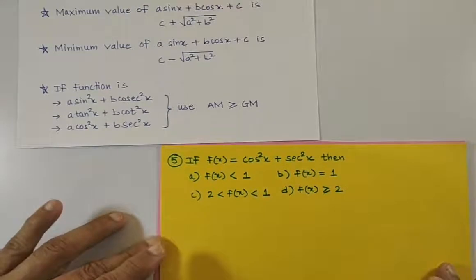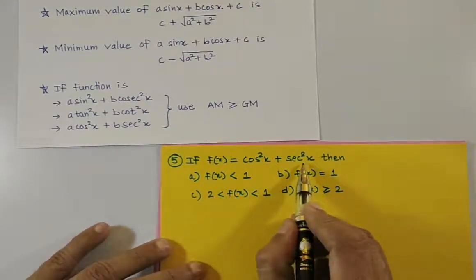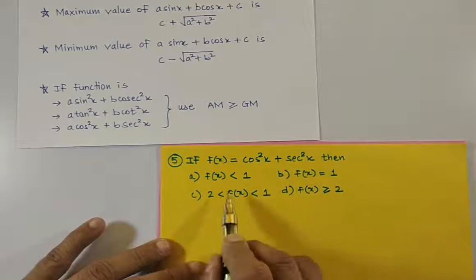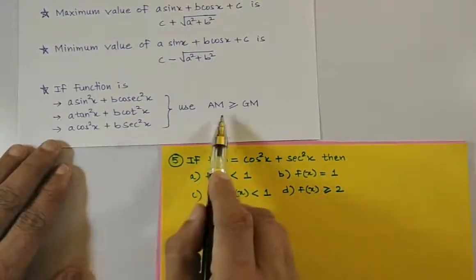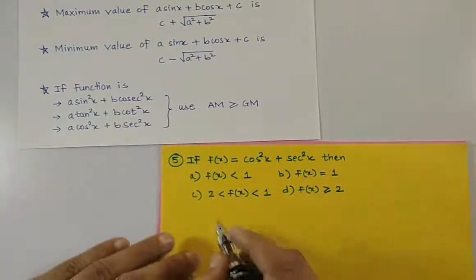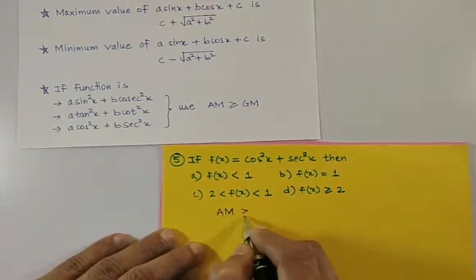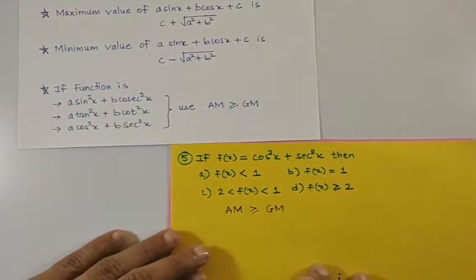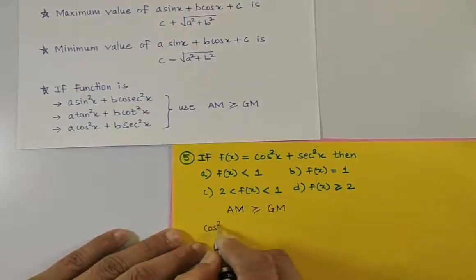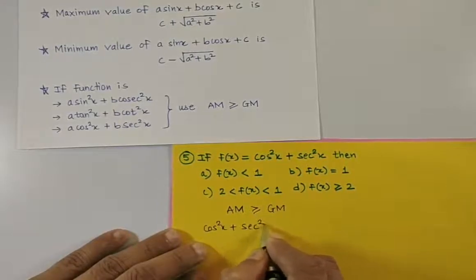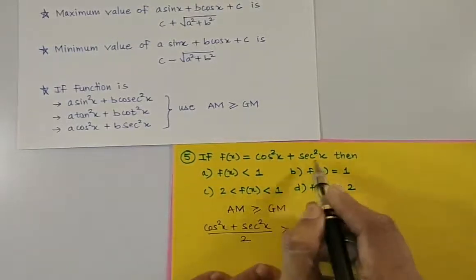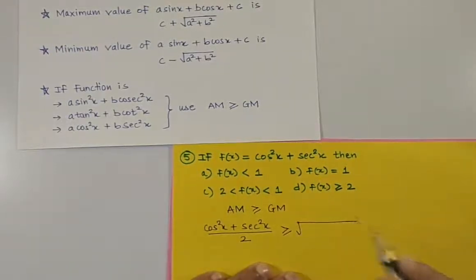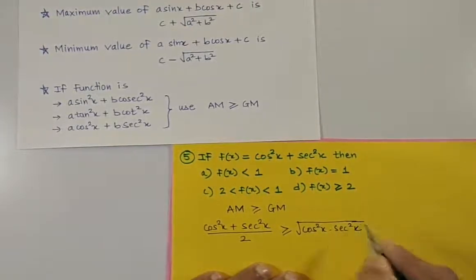Now again here if you observe, cos square is there, secant square is there. So you are required to check which condition will be true. Again you apply that arithmetic mean is greater than or equal to geometric mean. So arithmetic mean, if I take cos square x plus secant square x whole divided by 2, is greater than or equal to the geometric mean of these two, that is root of cos square x into secant square x.